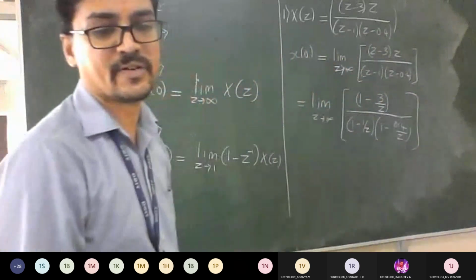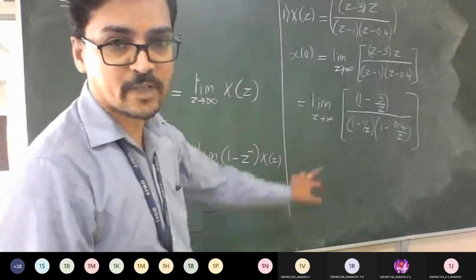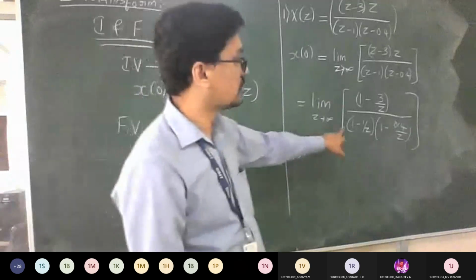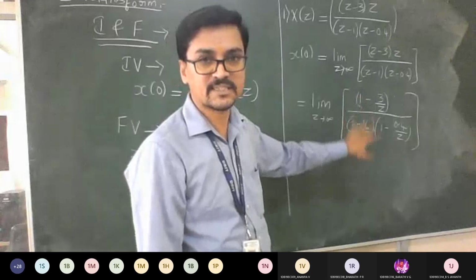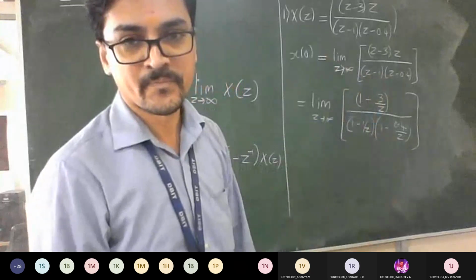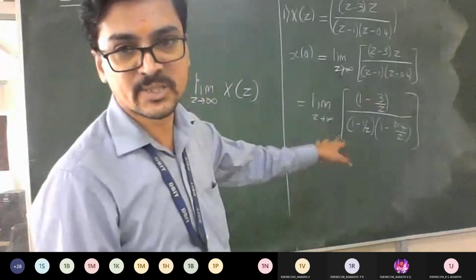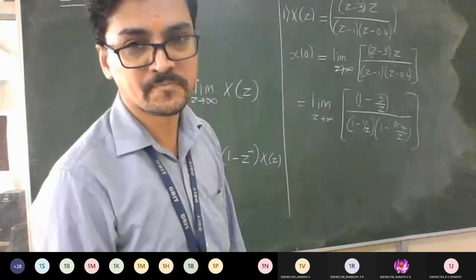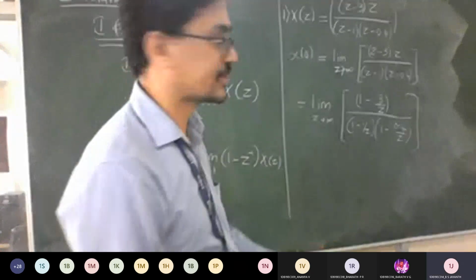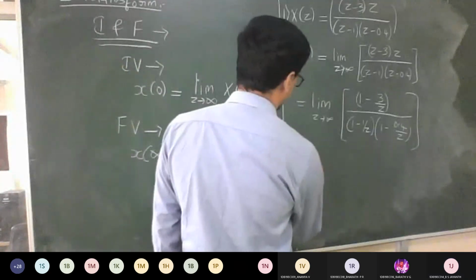Is it clear to everyone what I told? So before applying any limit, make sure it is in this form. Otherwise, every time it will keep giving infinity only. Now can we apply z tends to infinity? Yes, sir. Now check what the answer is for the initial value theorem.